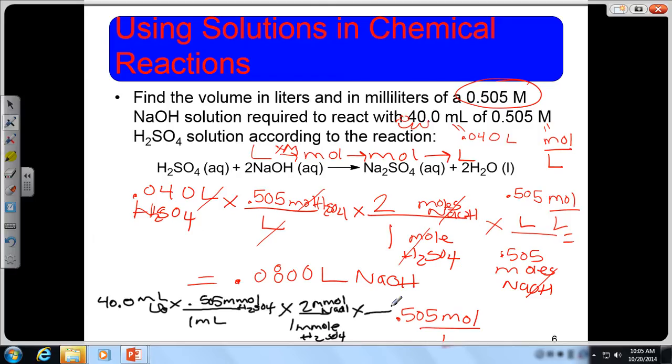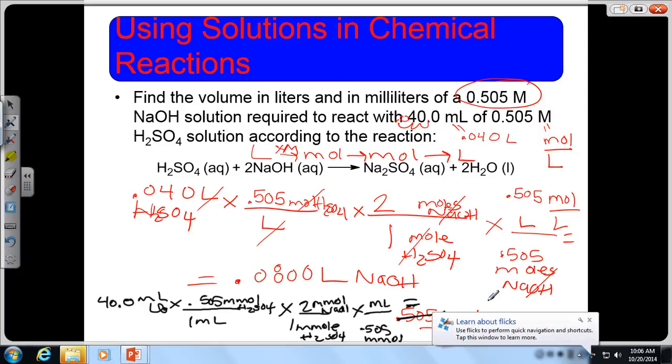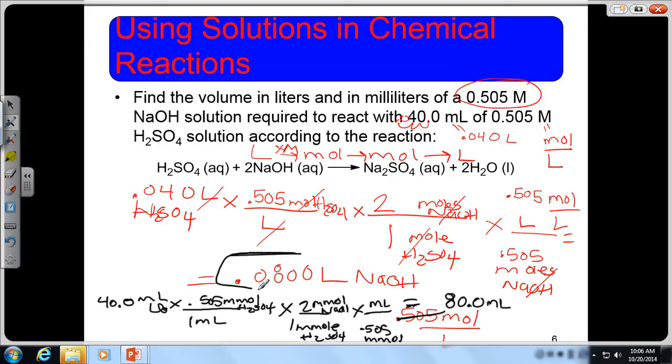So same thing. And then the last, you would plug in 0.505 millimoles per milliliter. So your answer is going to be in milliliters, so it should be 80.0 milliliters. So these are the same.